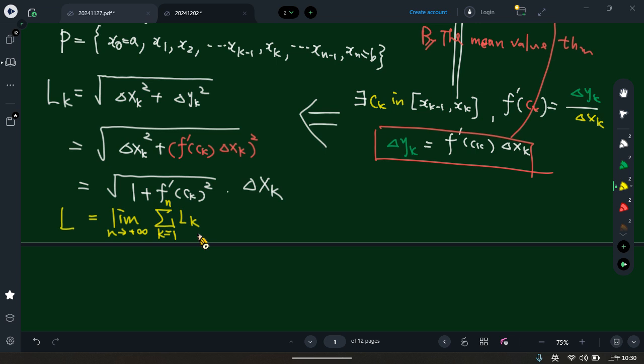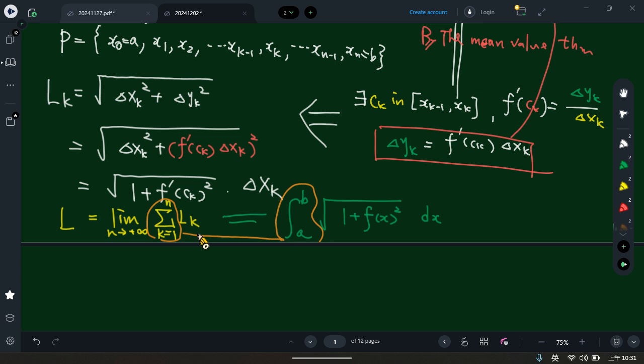Okay, so based on this, we can get the result: the integral from a to b of the square root of 1 plus f prime of x squared dx. So you also can have a mapping here. The summation is for this one, right?